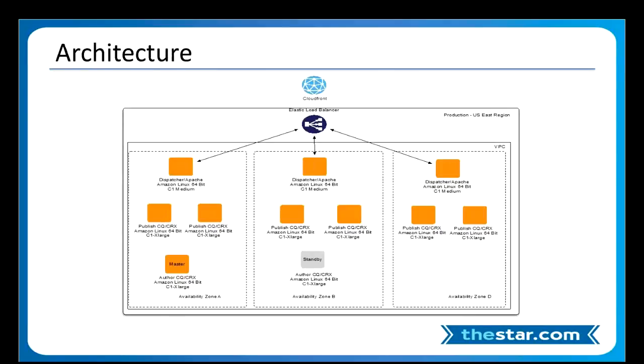So I wanted to give you a little bit about the overall architecture of the star.com. So you can see that CloudFront is in front of this entire architecture, and that is for both static and dynamic content. But the origin server and the origin infrastructure is a pretty important piece of this. So this is our star.com content management system.